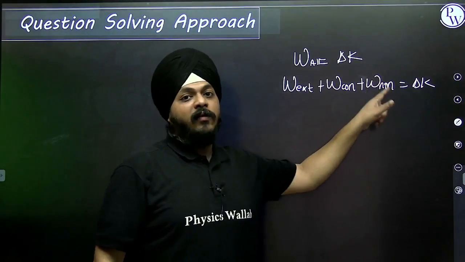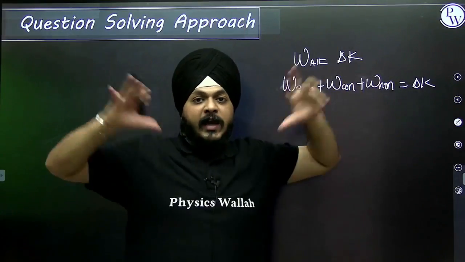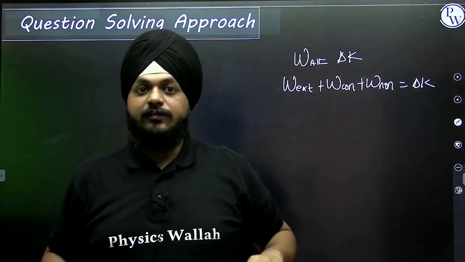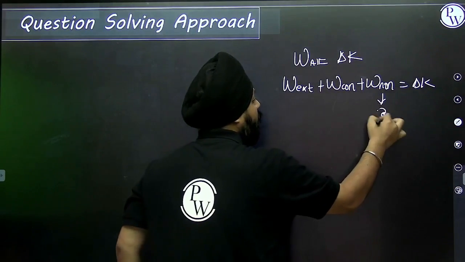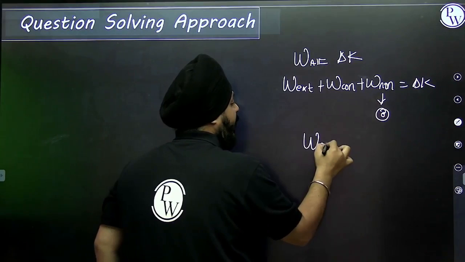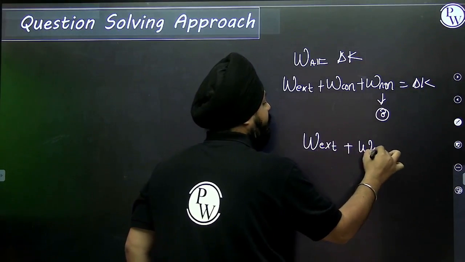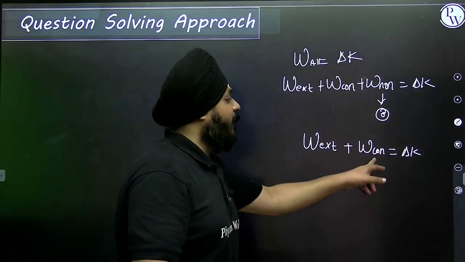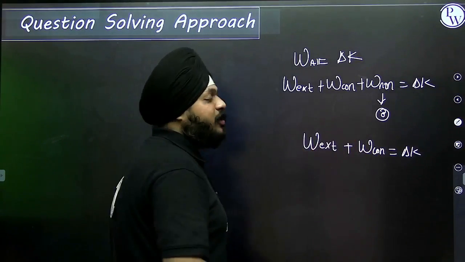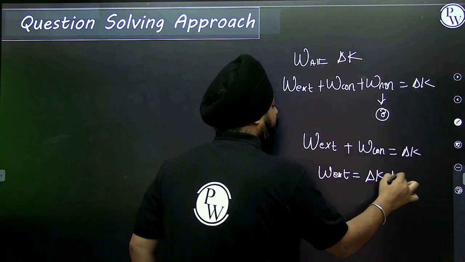Non-conservative forces mean dissipative or resistive forces like friction. In space, we do not have any kind of friction, so this will be 0. External agent plus work done by conservative: whenever the conservative force does the work, it is always the negative of change of potential energy. So that is delta K plus delta U.